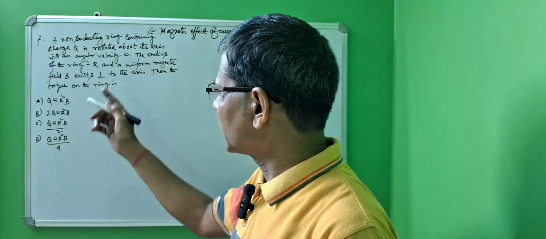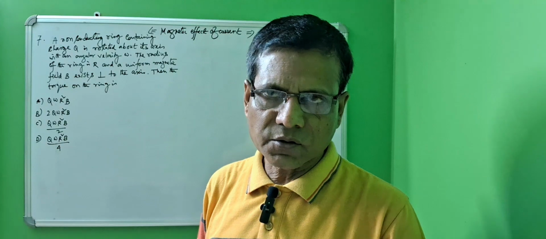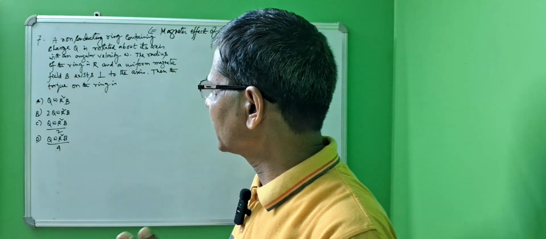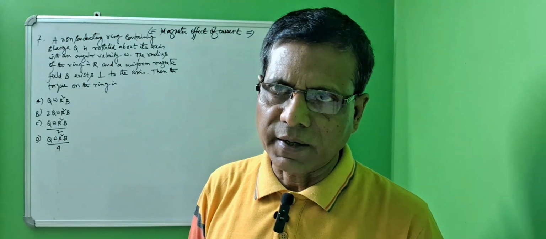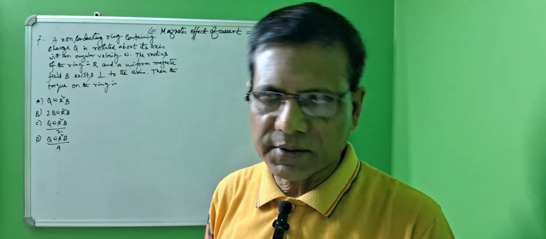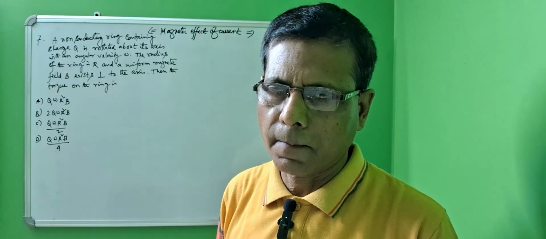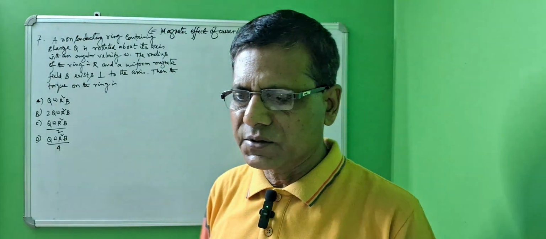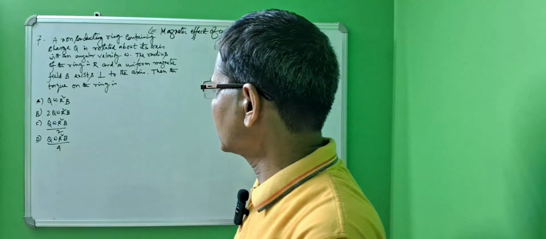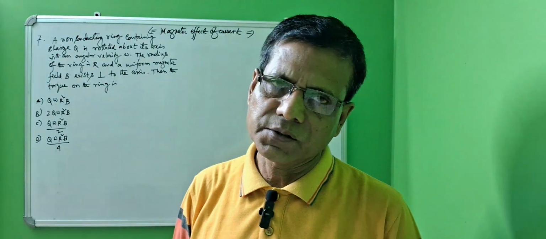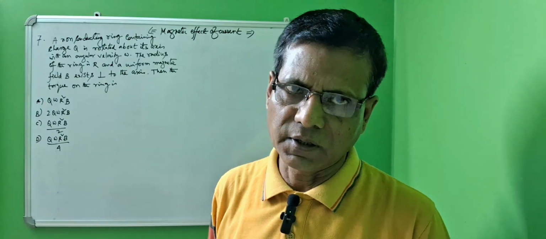The radius of the ring is r. And a uniform magnetic field B exists perpendicular to the axis. Then the torque on the ring is, with 4 options given.